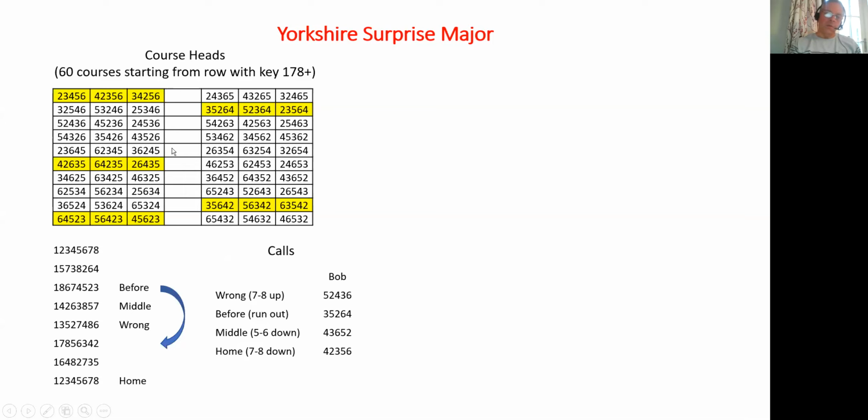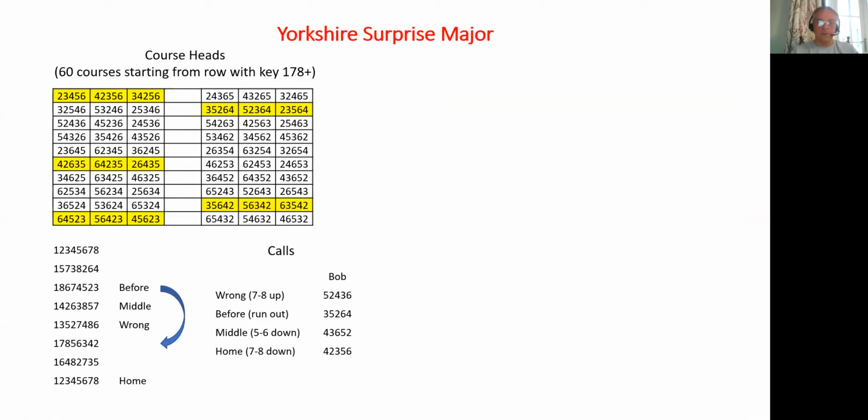So what we basically need to worry about when we're putting together a composition is that if we use course 2, 3, 4, 5, 6, then we must make sure that we don't use course 2, 4, 3, 6, 5 as well. And if we use course 3, 5, 2, 6, 4, then we can't use course 3, 2, 5, 4, 6 as well. We can only use one of each pair.